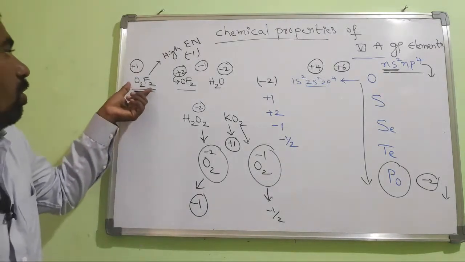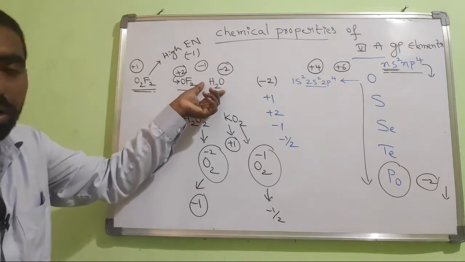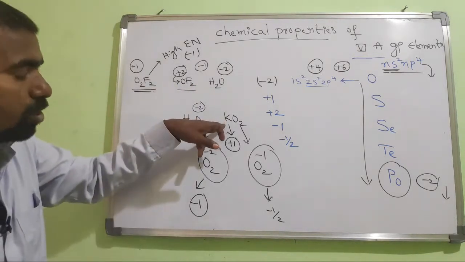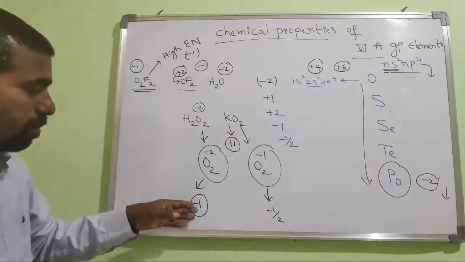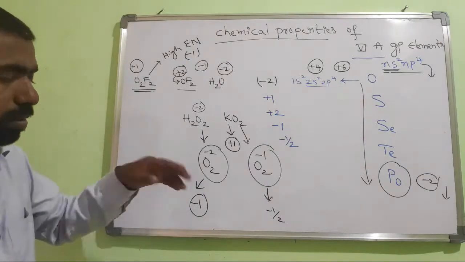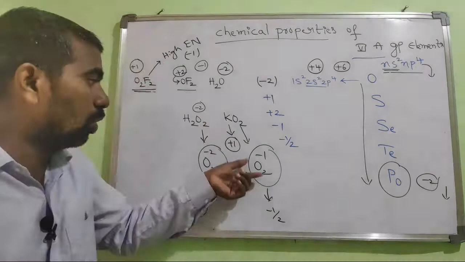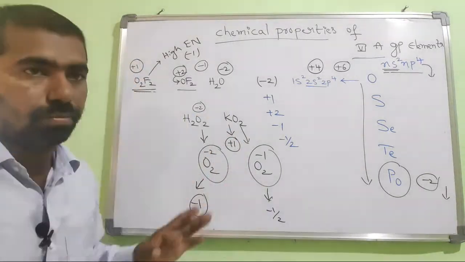So these are O2F2, OF2, water, hydrogen peroxide, and potassium superoxide. In peroxides, oxygen exhibits the -1 oxidation state, or simply we say O2 is -2. In superoxides, O2 is -1, and the oxidation state of oxygen is -1/2.